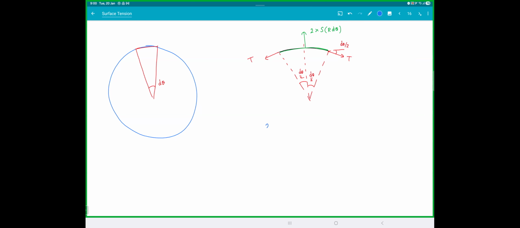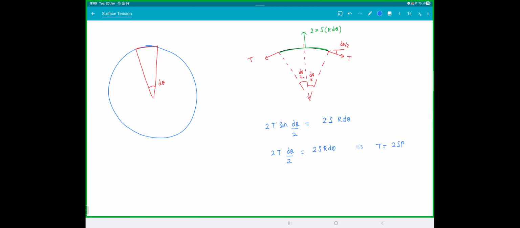So you can say 2 times T sine d theta by 2. In circular motion, this used to be equal to the centripetal force. Here it is 2S r d theta. For small angle, sine theta becomes theta. So we get tension T is equal to 2Sr.